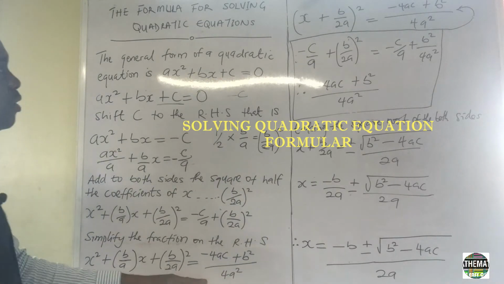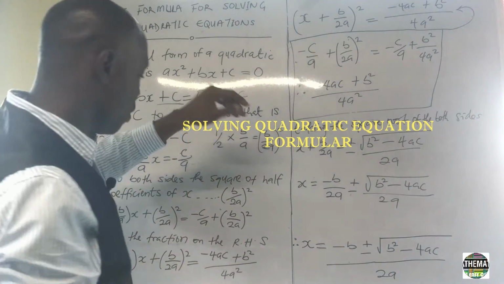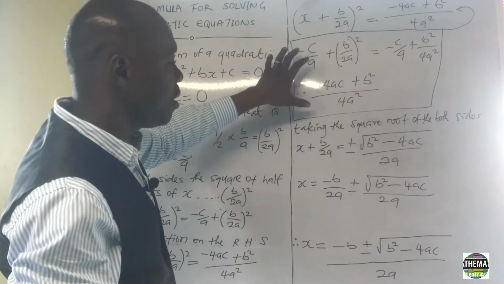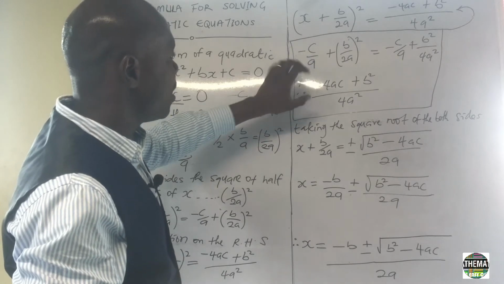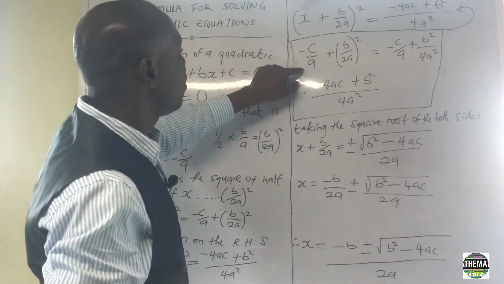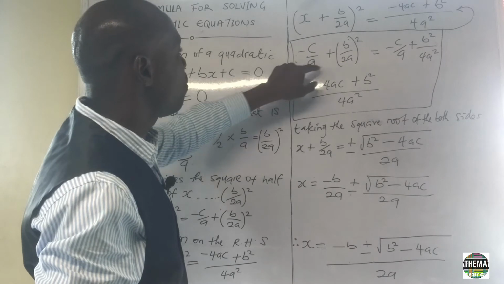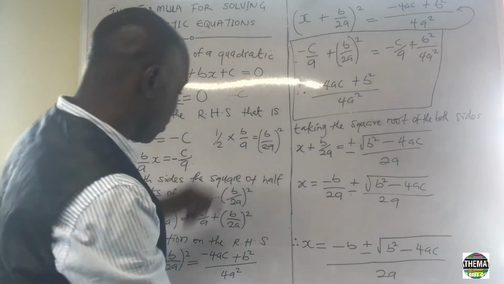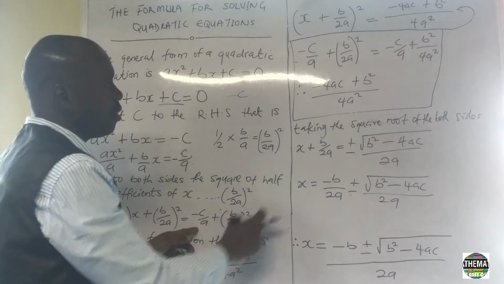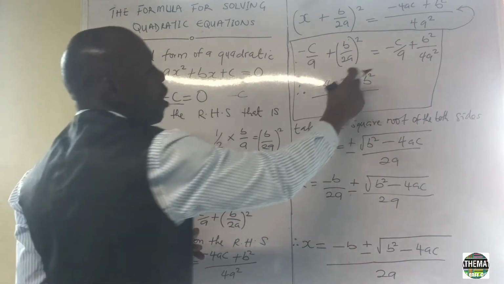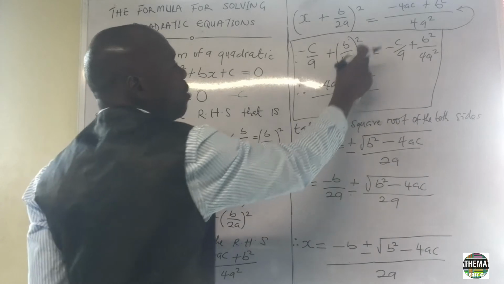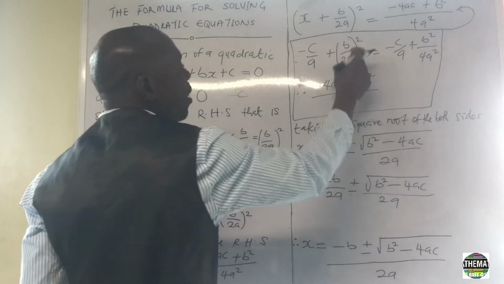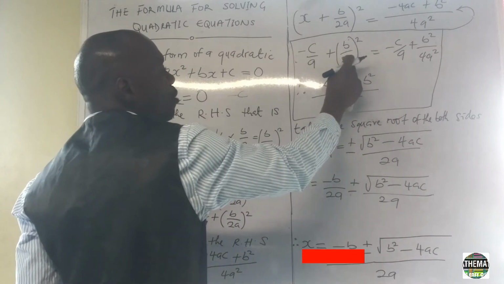How did it happen? I'll try to show us the workings here. We say minus c over a plus b squared over 2a squared. This particular expression here, we brought it out here. So it will now become, we use this 2 to multiply this, we arrive at b squared all over 2 times 2, that means 4.